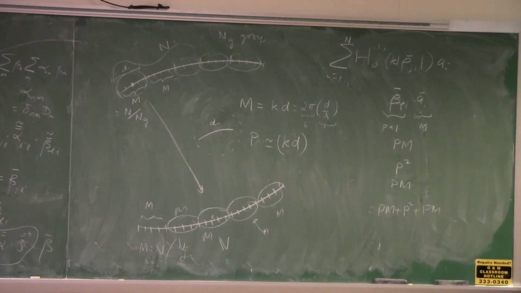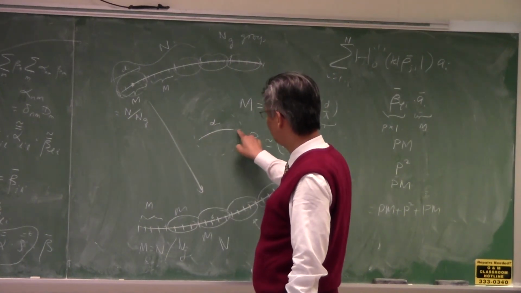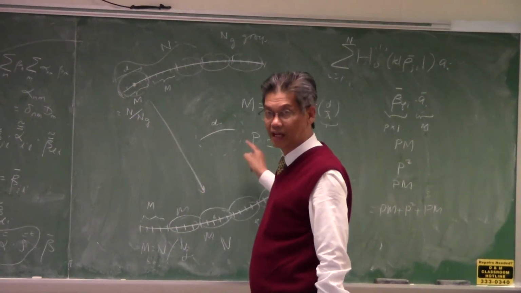Is this clear? Let me see how I can make this clear. You have the intuition from antenna theory, or antenna array theory, that if this array is very large, it produces a lot of side lobes.